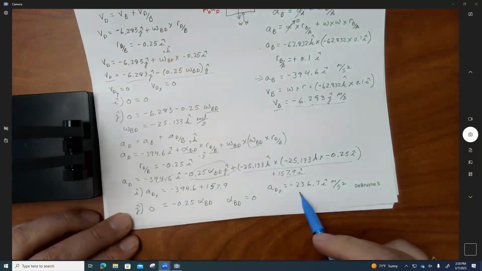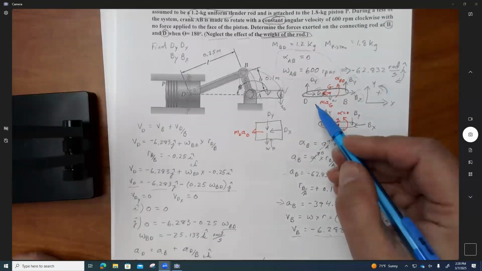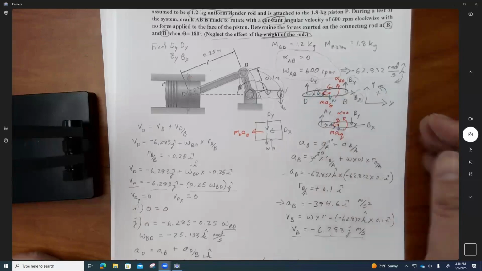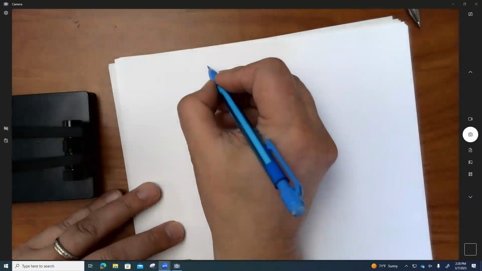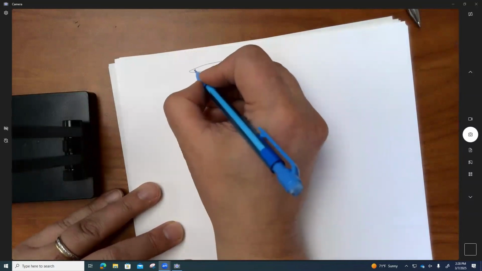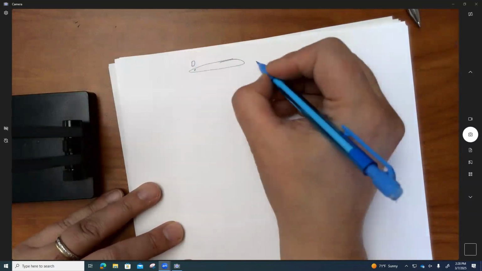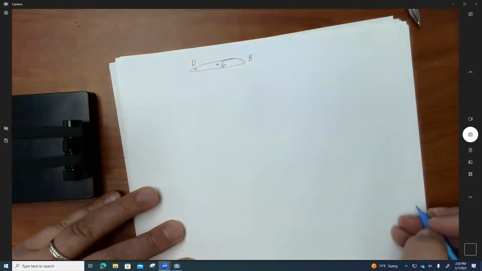Now let's look at the acceleration for the center of mass for the rod, which we are concerned about. Back to that rod, and we've got D on one side, and we've got B on the other, and we've got G in the middle.